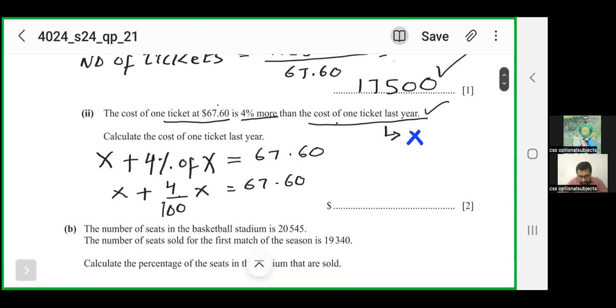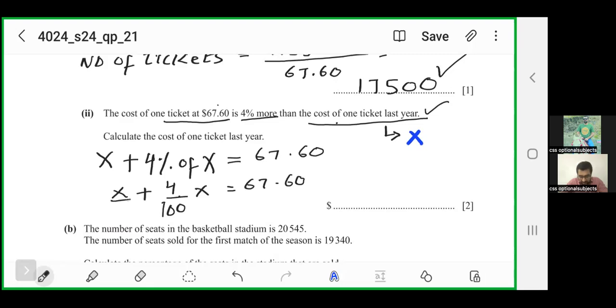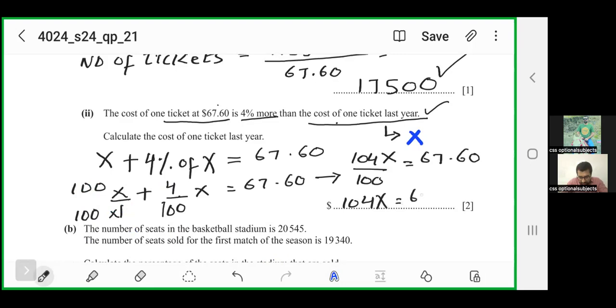Now from here, you can simplify this equation. You can put 1 in the denominator here and make the denominator the same by multiplying and dividing by 100. I want to take the LCM. So 100x plus 4x is 104x over 100, that is equal to 67.60. So from here, you have 104x equal to 67.60 times 100.